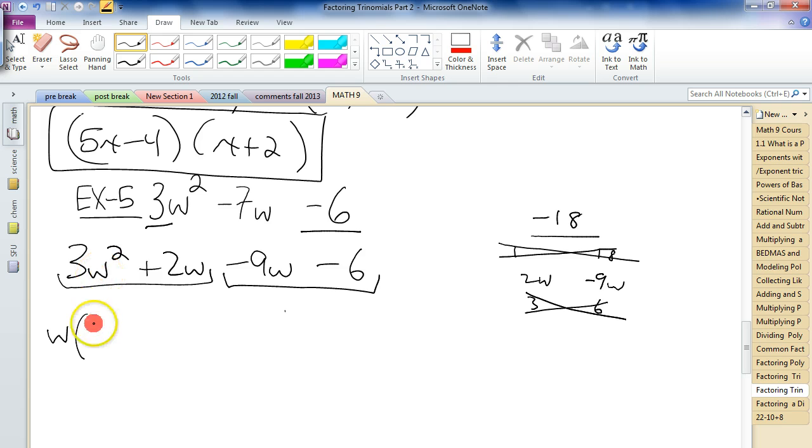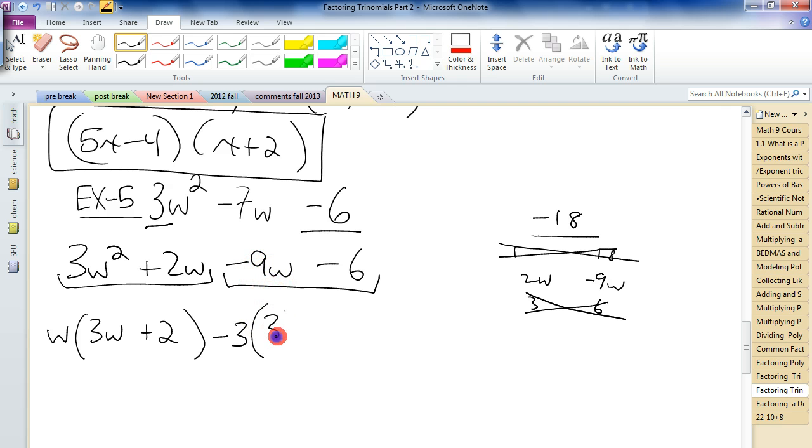Pull a w out of there, you're left with 3w. Pull a w out of there, left with plus 2. What's the common factor here? Both got negative signs. Let's pull a negative out. 3 goes into both those. And when you pull a negative 3 out of here, another way to think of it is, what times negative 3 gives you negative 9?